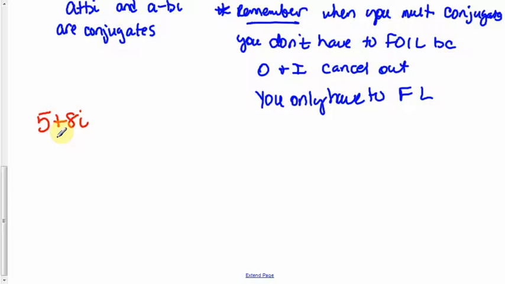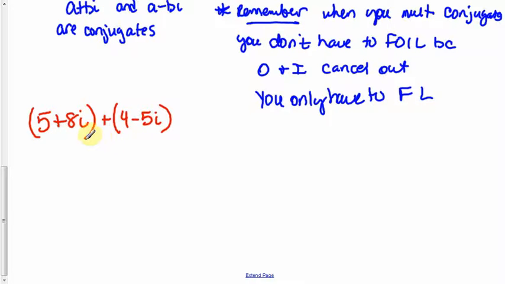Now, we add and subtract imaginary numbers just like we do regular real numbers, any kind of algebraic expression. So I have here what looks like a binomial plus a binomial. Now I can't really call it a binomial, that's not legal because it's not a number.